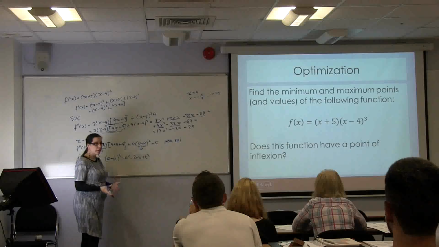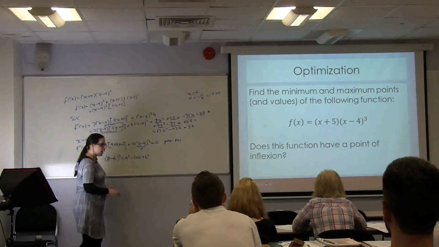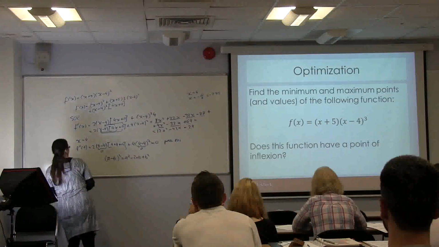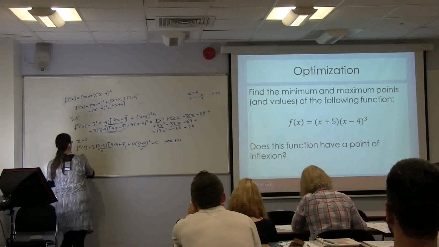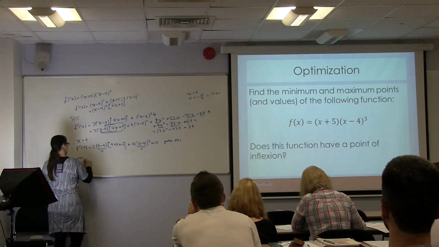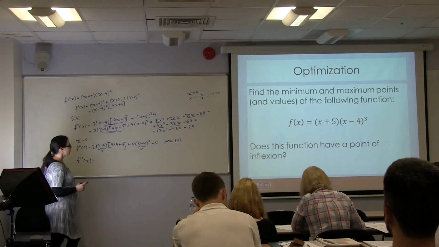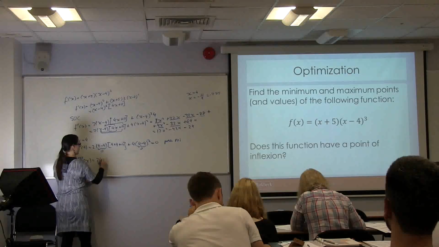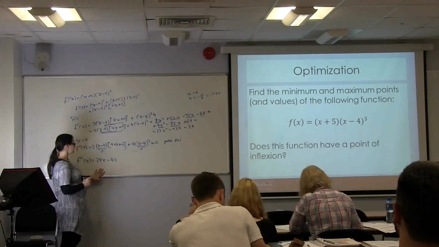Took us a bit of effort, but it's a lot simpler. And now I can differentiate that in no time. So the third order derivative will be 24x minus 42.